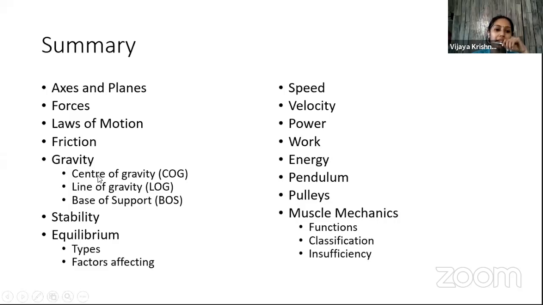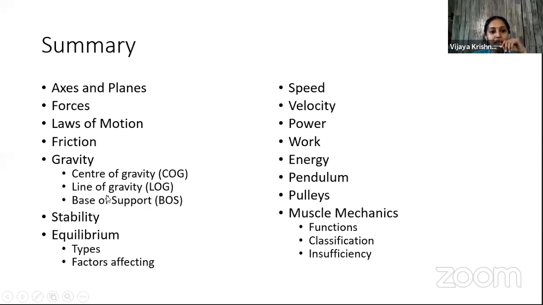It has a center of gravity or center of mass, a line of gravity which passes through the center of gravity, and a base of support which is responsible for having stability. Now the center of gravity for a symmetrical object is the same as the geometrical center, and for an asymmetrical object it falls at a place where there is heavy mass.